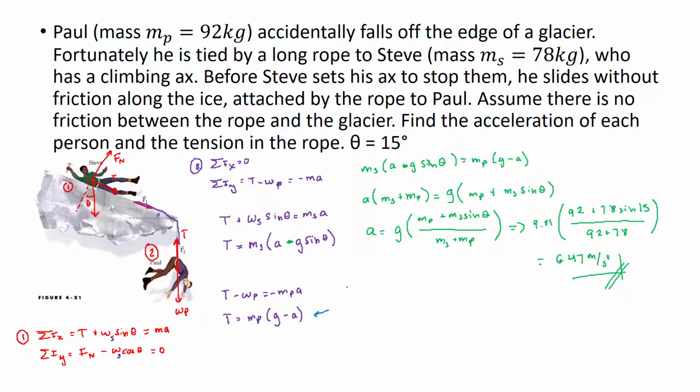It's gonna be the mass of Paul, 92, times 9.81 minus the one I just found, 6.47, and that's gonna be the total tension: 306.92 newtons. Okay, so that's it.